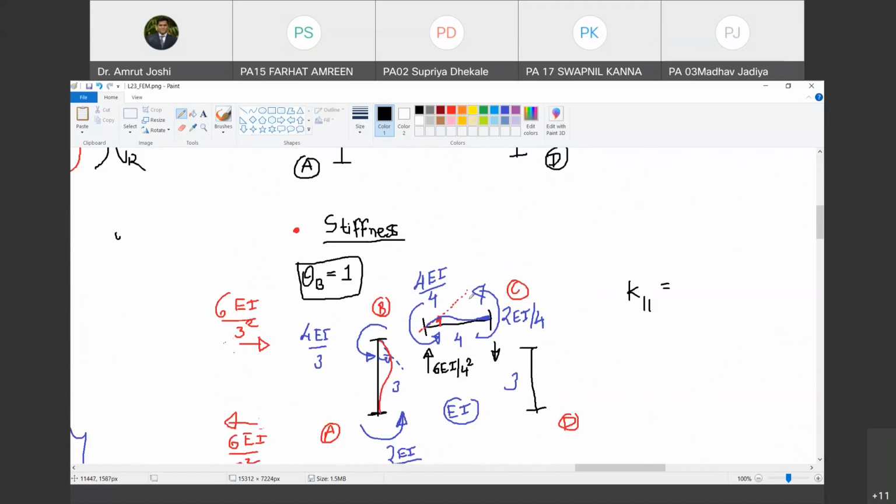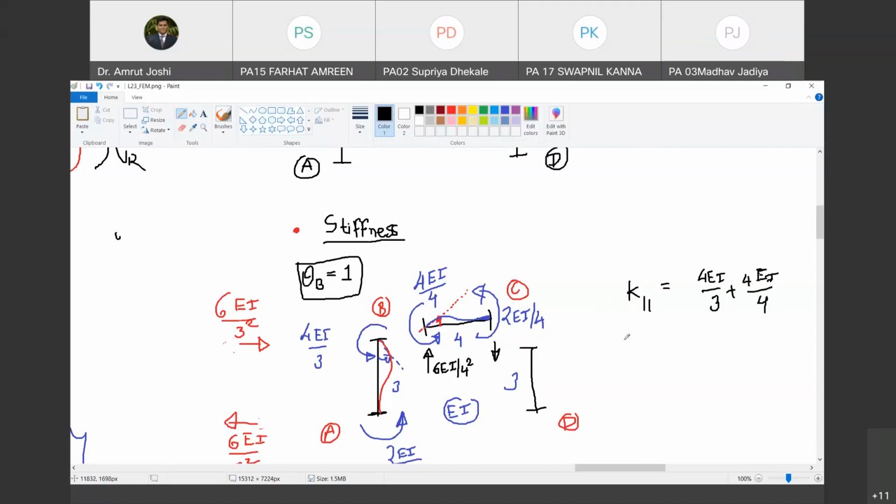Movement. कहाँ पे होने चाहिए? B के यहाँ पे. So what is the moment that needs to be produced at B in order to have theta b equal to 1? It is 4EI by 3 anti-clockwise plus 4EI by 4 anti-clockwise. Do you agree with me? Yes, sir. So I will write it as 4EI by 3 plus 4EI by 4. Happy? Yes.